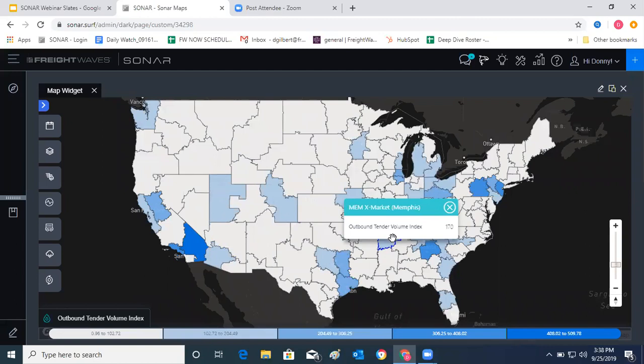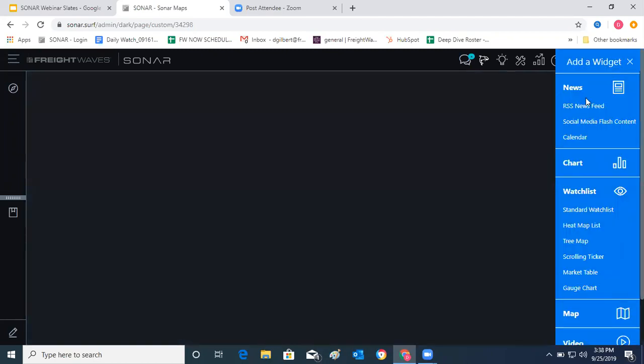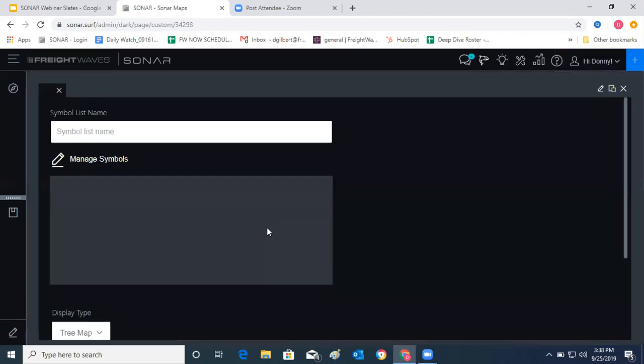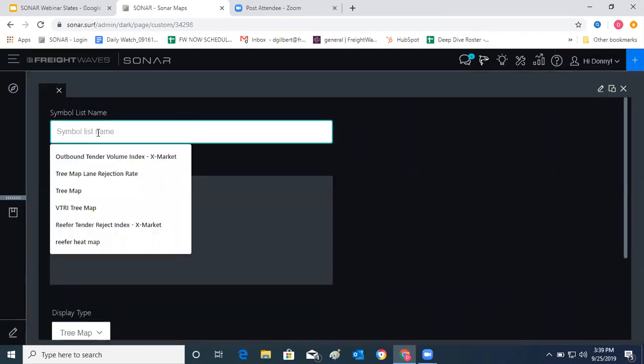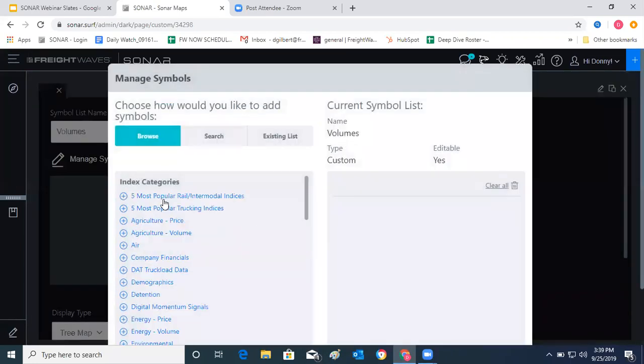We also have the same maps that we can look at, and we can bring these up in a heat map here. I'm going to close out this map, and I'm going to bring up a tree map. I'm going to name this volumes. I'm going to select my symbol.